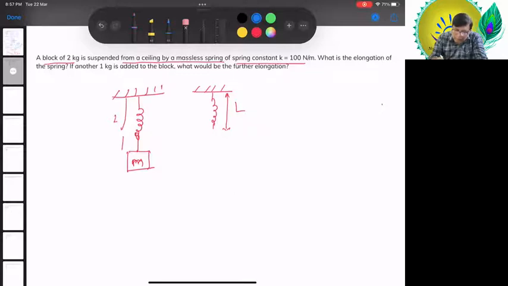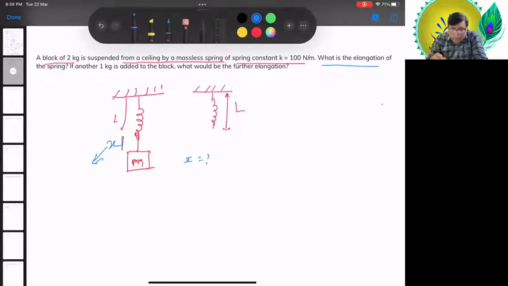So this will be the elongation because of this mass m. Okay. So what is the elongation? What is the problem? What is the elongation? So we have to find out the x.